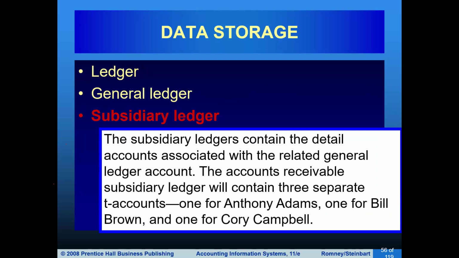Subsidiary ledgers, like debtors ledgers, creditors ledgers, right? The subsidiary ledgers contain the detailed accounts associated with the related general ledger account. The accounts receivable subsidiary ledger means the debtors ledger.